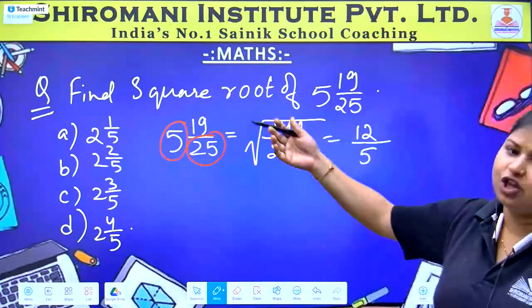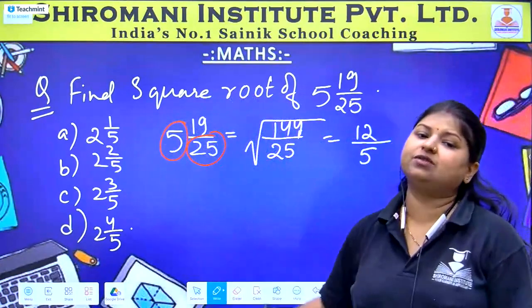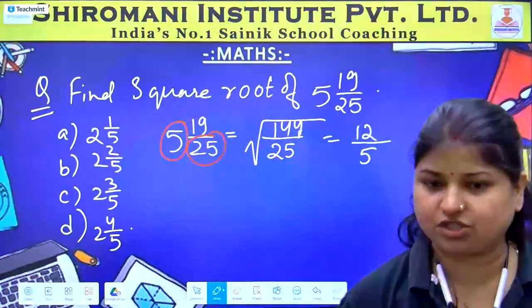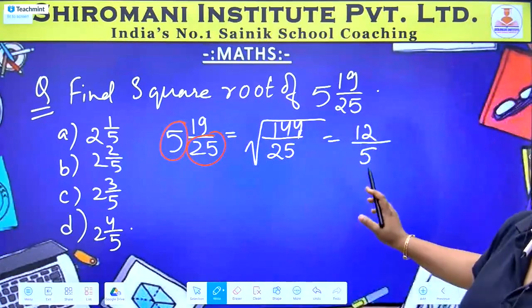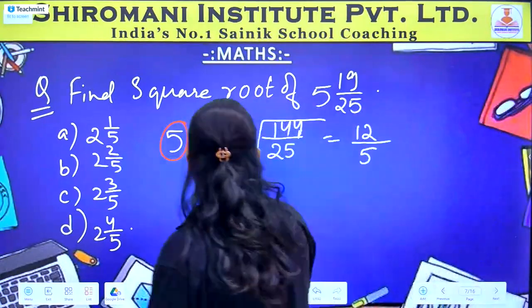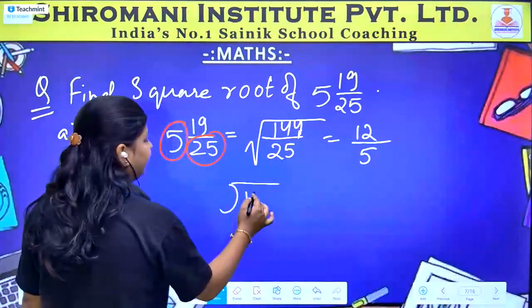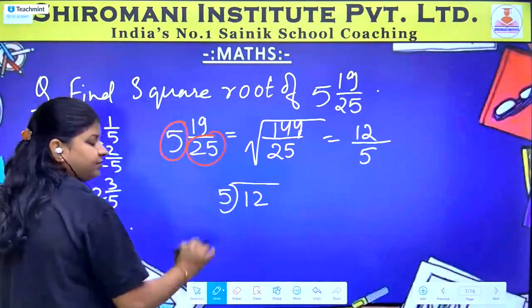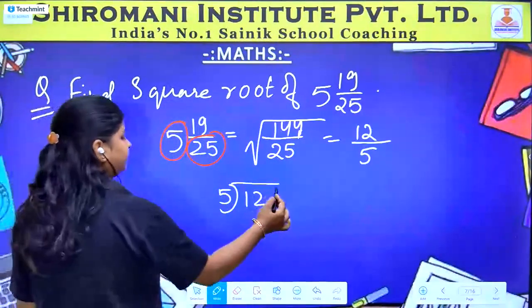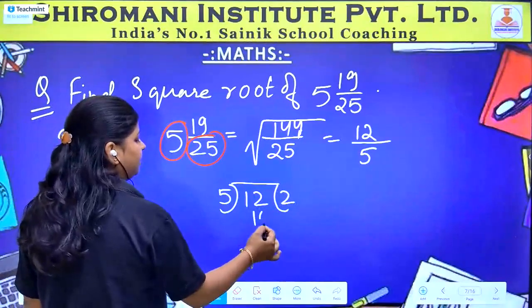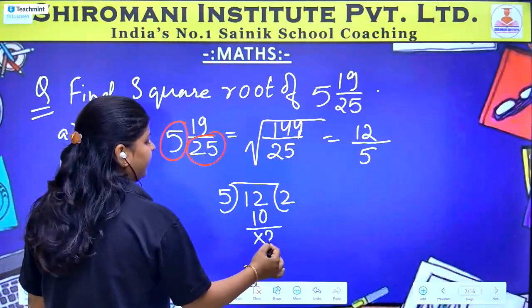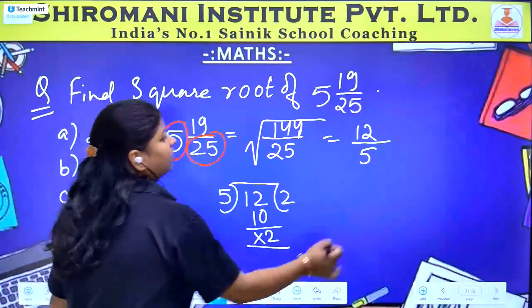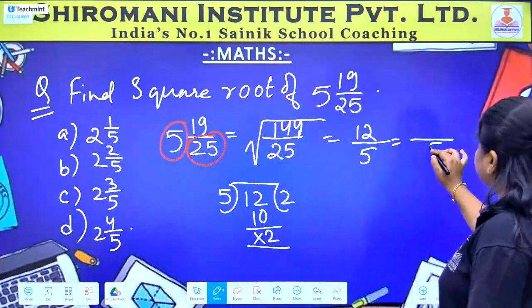Now, in the options, each option is in what? Mixed fraction. So convert this 12 by 5 into mixed fraction. How to convert? So you will divide this 12 by 5. 5 twos are 10. Remainder is 2. Denominator remains the same.